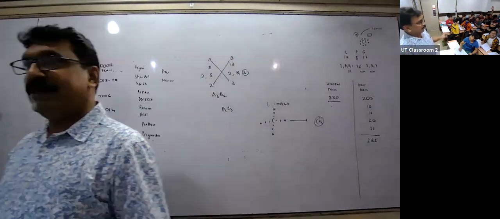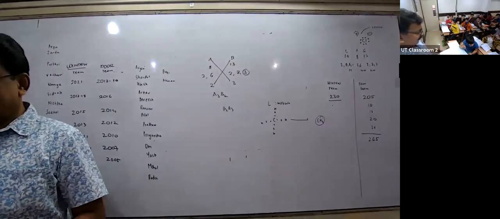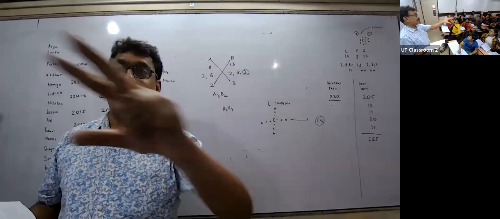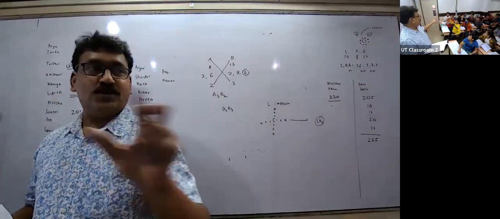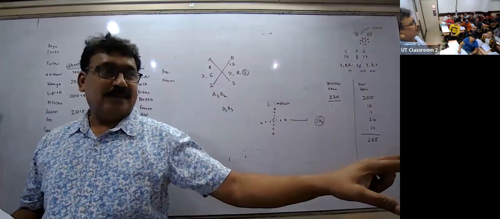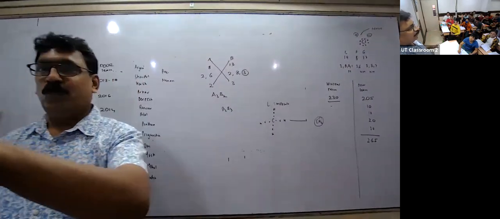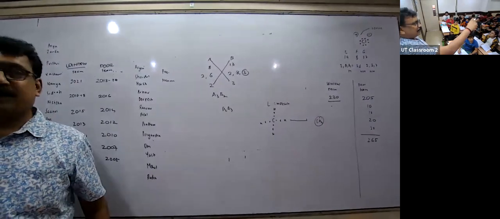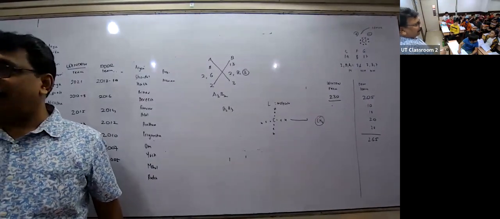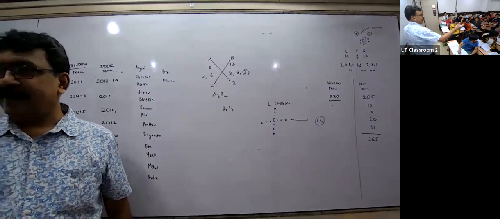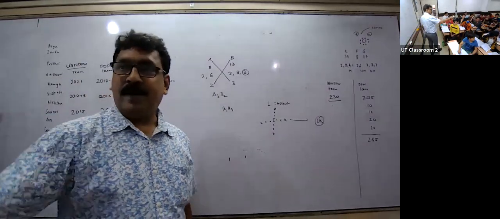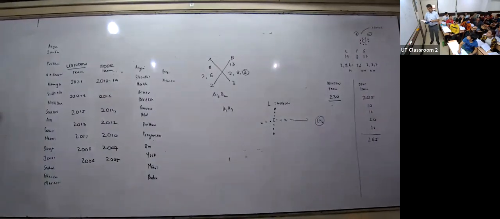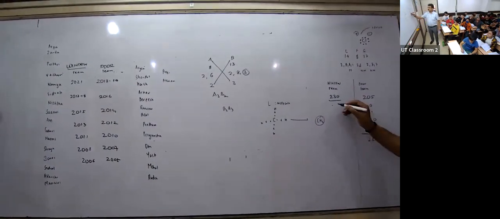Okay, this is worth 20 points. Those who have not given the answer... They said reduced. Y is getting reduced because it gained electrons.